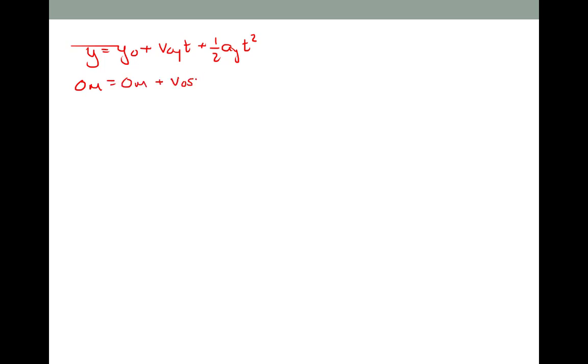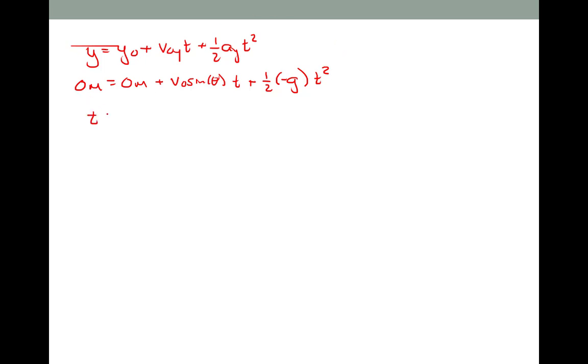V naught y was V naught sine theta times t plus 1/2, watch out for that negative g t squared. Solving for time, there are two possible solutions. One is that time equals 0, not a big surprise.